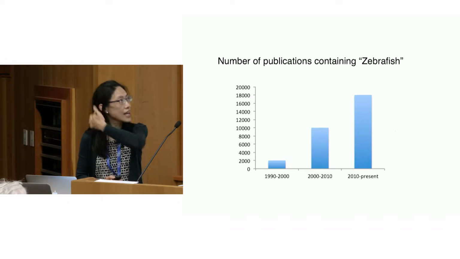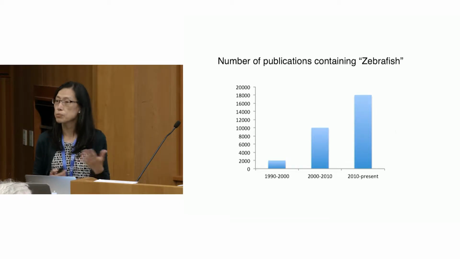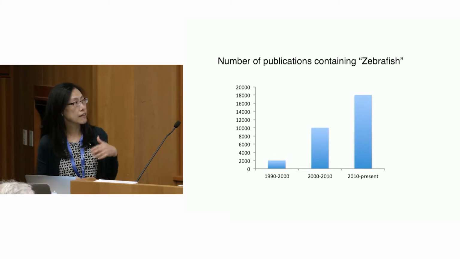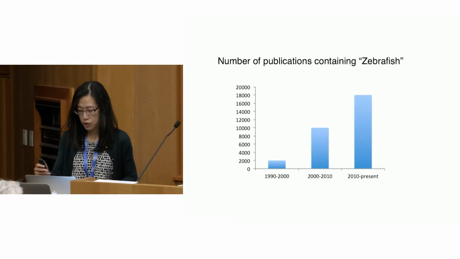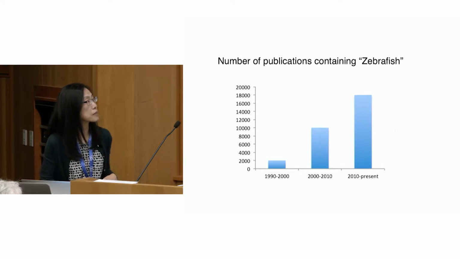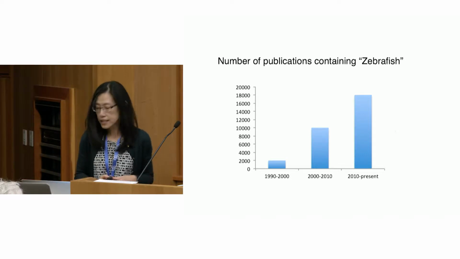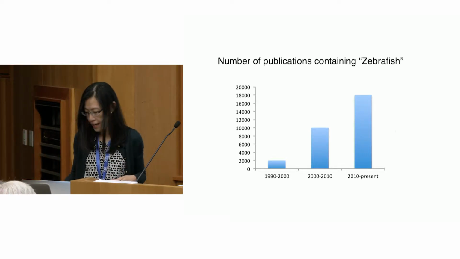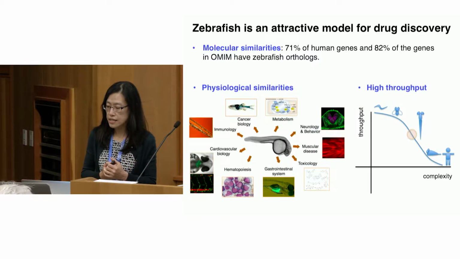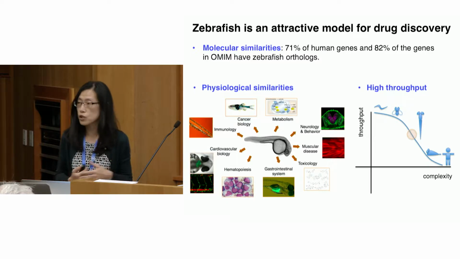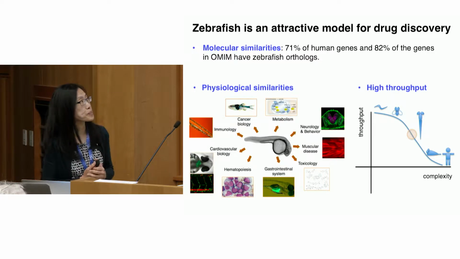So in the last 10, 15 years, zebrafish has emerged as a very popular vertebrate model organism, as evidenced by the numbers of publications during each 10-year period from 1990. And this is partly because zebrafish is quite a suitable model for the studies of human diseases as well as for drug discovery.